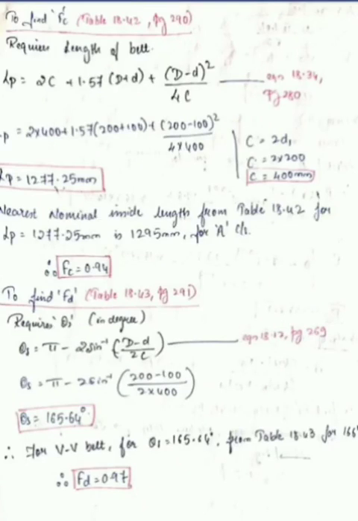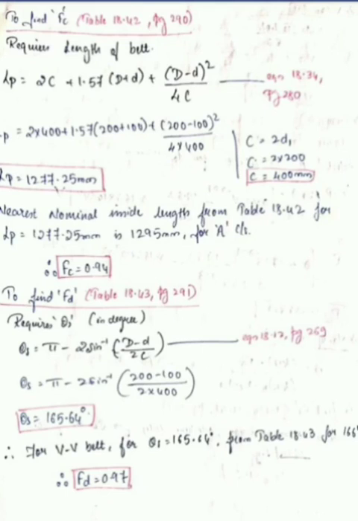Next, to find correction factor FC, table 18.42, page number 290. For that we require length of belt. First that is represented by LP, equation 18.34, page number 280.